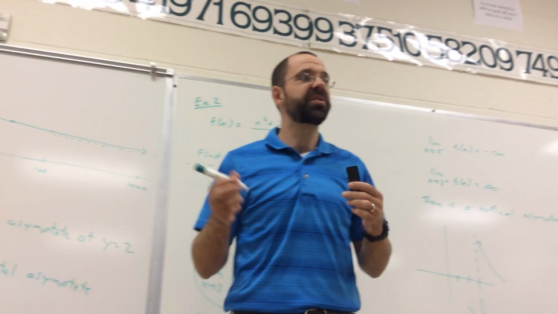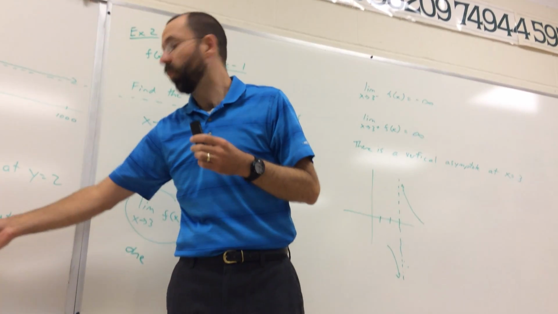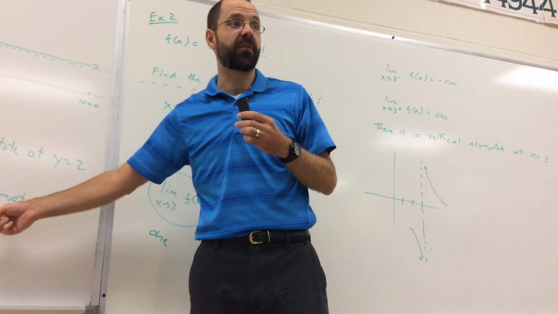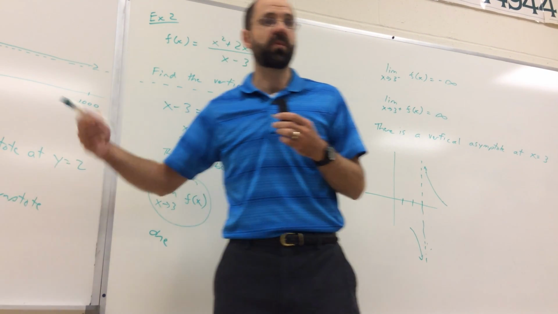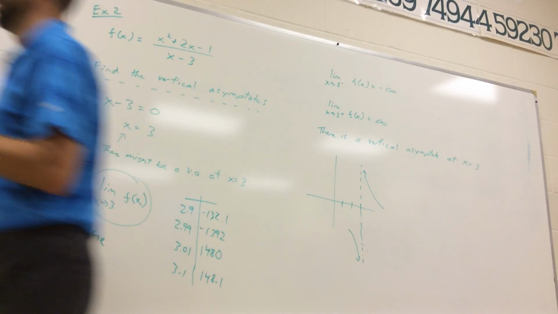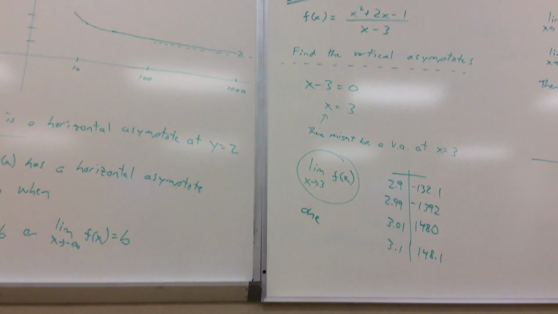Good. So what Ashley's getting at is, what's this fact that I need to write down for vertical asymptotes? So that's what we're going to write down next.